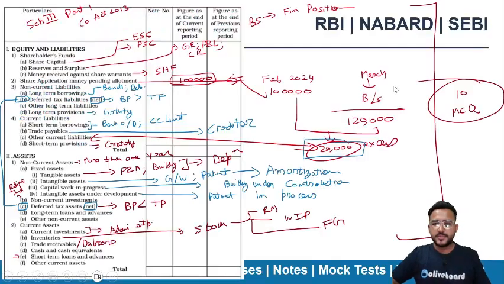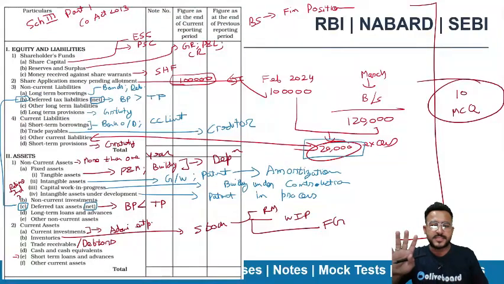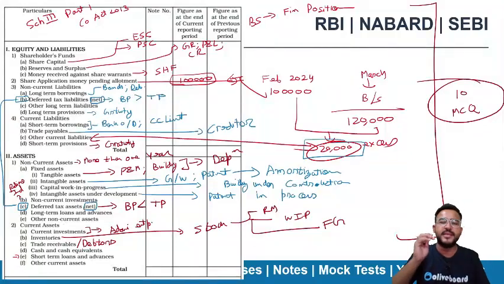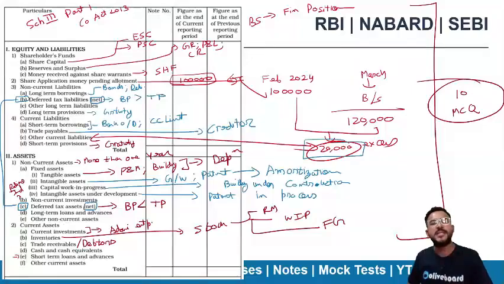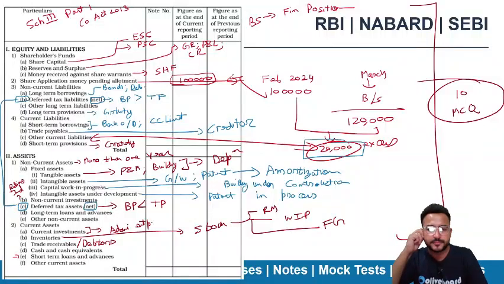These are questions that have come directly in the examination multiple times, and you can revise it in 10 minutes, which will take your competitor almost 1 hour to revise. एक ही पेज में पूरी बैलेंस शीट खत्म हो जाती है, उससे रिलेटेड सारे कॉन्सेप्ट खत्म हो जाने चाहिए. So you guys can take a screenshot of this as well. It will definitely help you. Otherwise आपके पास recorded में तो है ही.